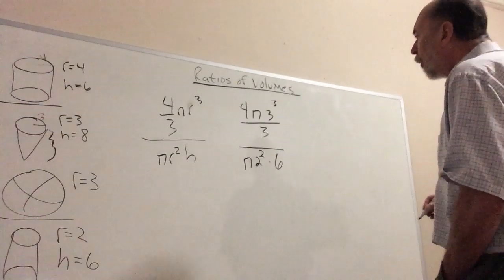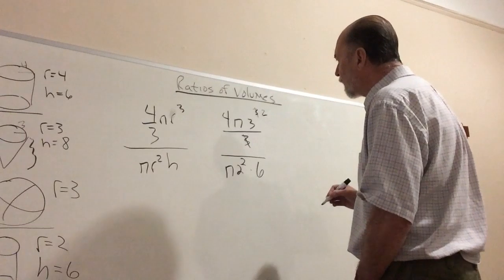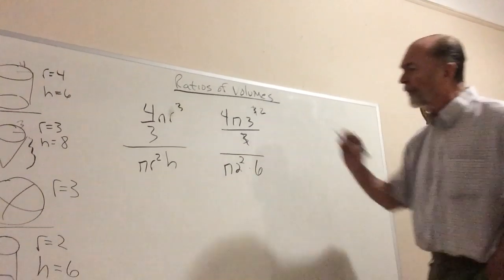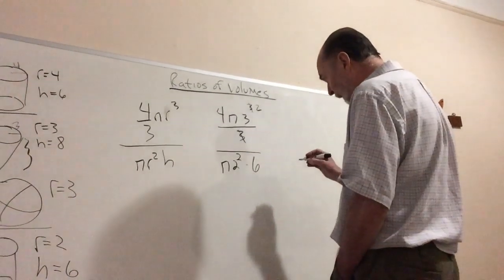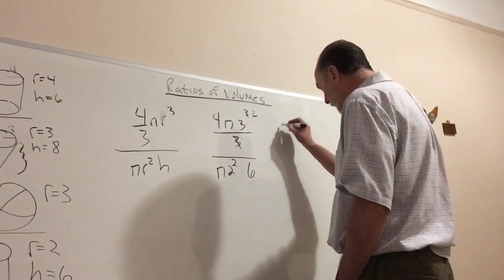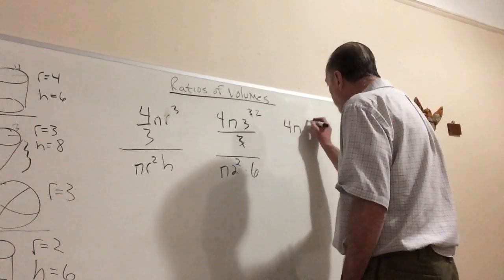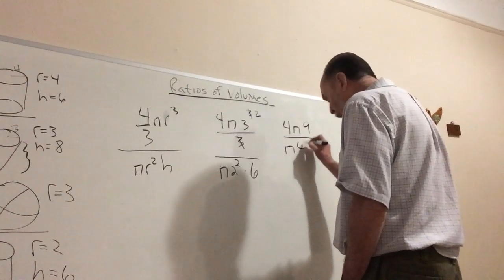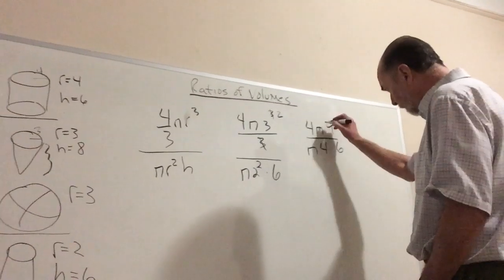So now all we do is work it out. The product rule says that this is going to be 3 squared now. The pi's are going to cancel, but for the weaker students, I'll hold off a step on that so we can rewrite everything. And what I have now is 4 pi, 3 squared is 9, divided by pi 4, 6, because 2 squared is 4.